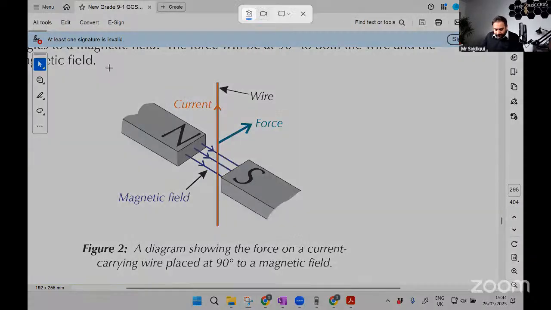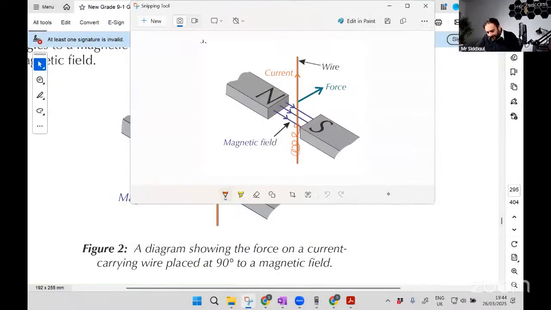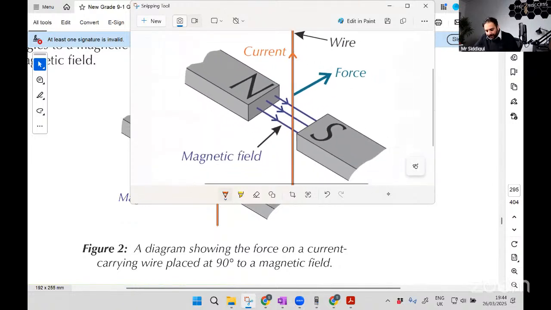If we just take this, if you could illustrate that, it would be like this, right? There's a magnetic field around any wire that's carrying a current. And if we put that wire, which has a magnetic field, in another magnetic field, which is what we have done here, we have got these two magnets and they have a magnetic field between them. Then we have a magnetic field here and another one here.